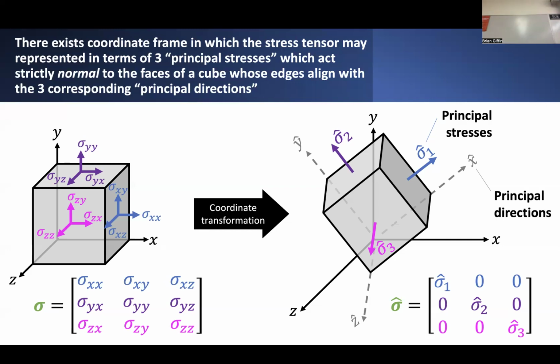And these 3 components of stress are themselves referred to as the principal stresses associated with this particular state of stress. So that's pretty nice. It basically means if I don't want to have to represent all these different components of stress, I can just choose to define some different coordinate system, one that happens to align with the principal directions of this particular loading on the block of material. And I can now express the state of stress just in terms of these 3 principal stresses.